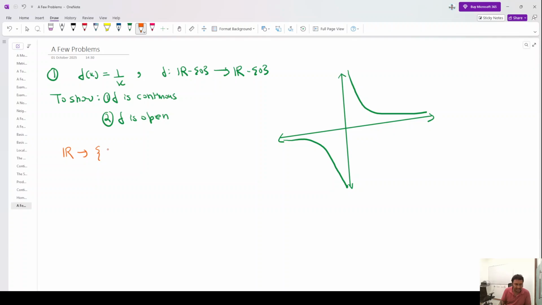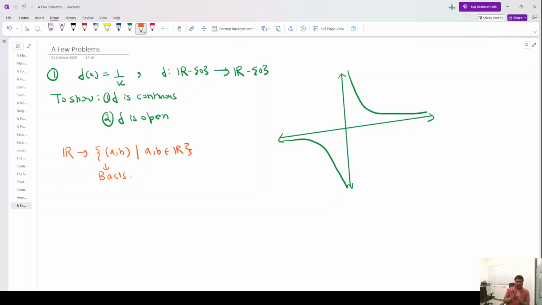So the basis for this is (a, b) in R. This is a basis, actually. There can be many others that we have discussed in detail. So if I see just the inverse image of these open sets, I'm done.